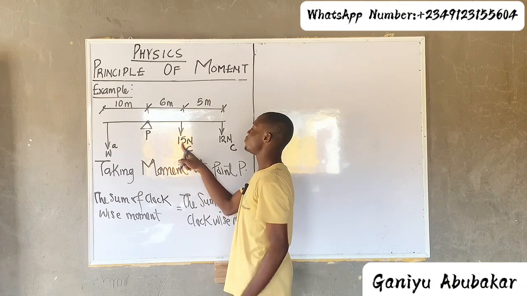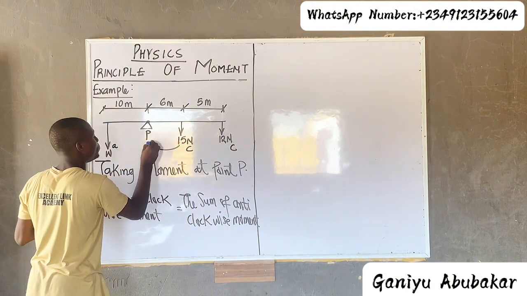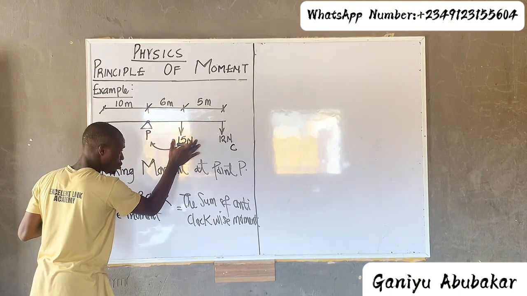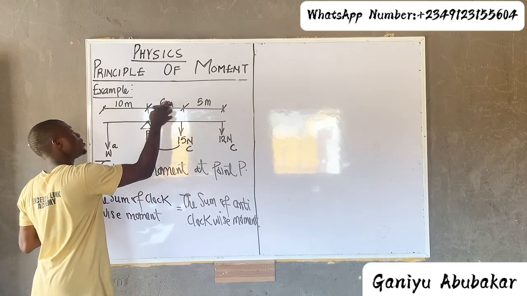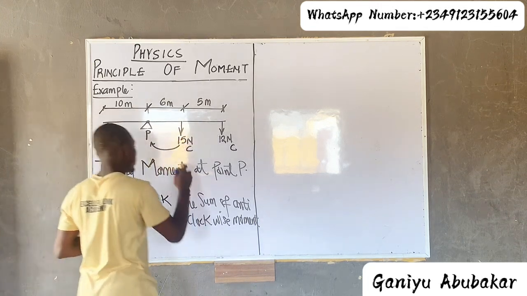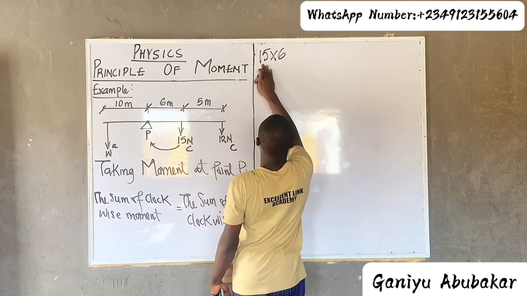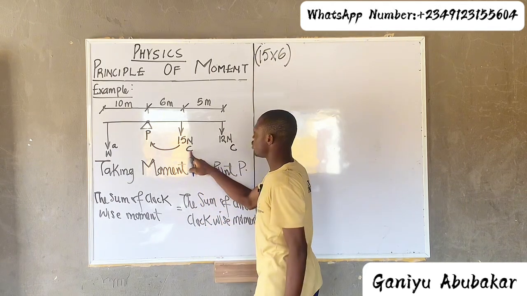So if this 15 moves down to P, I'll have 15 as the first force. The distance from here to here is 6. So that becomes 15 times 6, force times distance. That's my first moment for the clockwise direction.